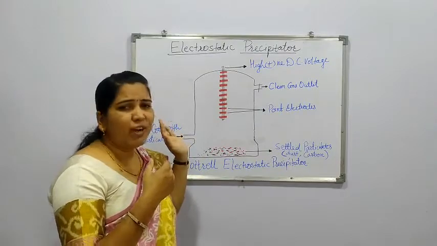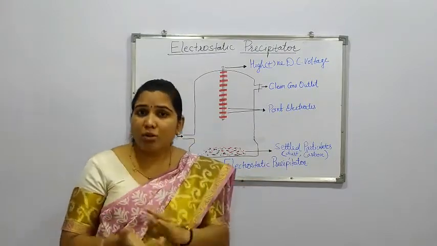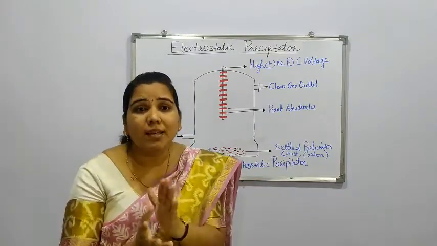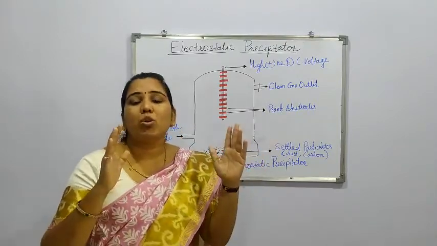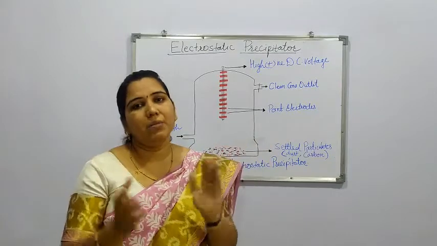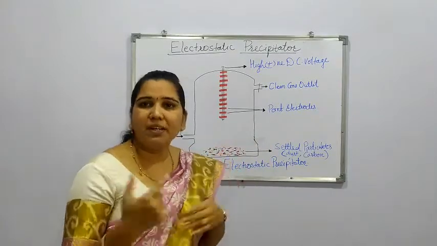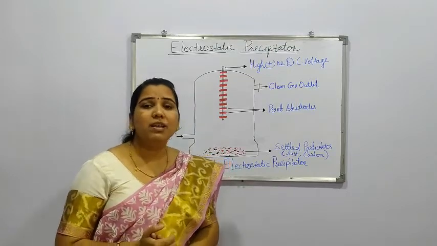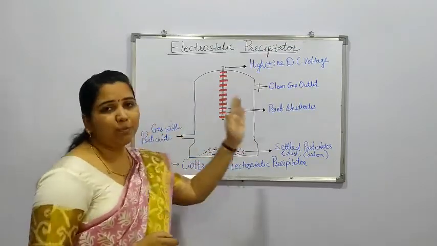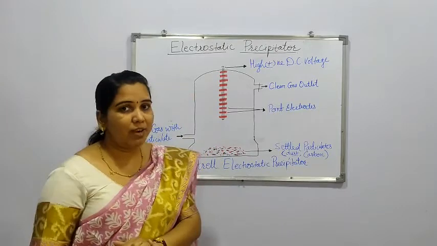It is also very easy to handle, and we cannot imagine that within 0.1 second to 10 seconds, the total smoke can be converted into precipitate and clean gas. So it requires very little time. In this way, it is a very exclusive type of device.